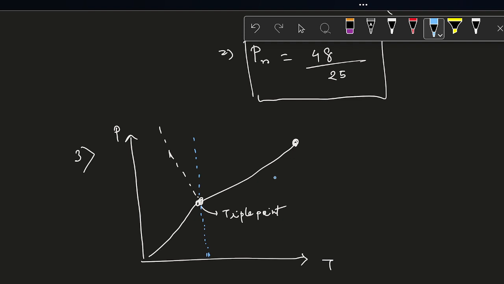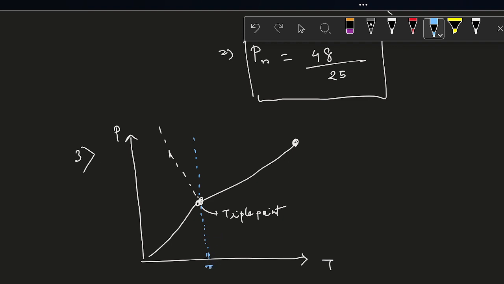So it is almost like understanding the phase diagram, because a phase diagram is nothing but pressure on the y-axis and temperature on the x-axis, and how they behave with respect to each other under different phases. So this phase diagram is basically your pressure versus temperature relation and how they behave for a substance.